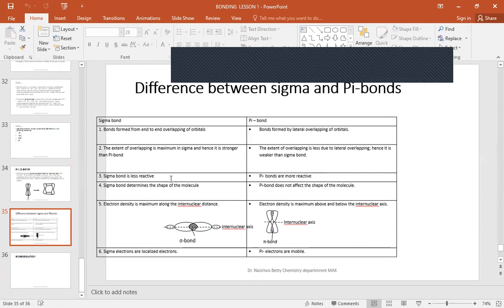A sigma bond is less reactive. Remember, it has formed a stronger bond, while a pi bond is more reactive. Electron density is maximum along the internuclear axis in a sigma bond, while for the pi bond, electron density is maximum above and below the internuclear axis.